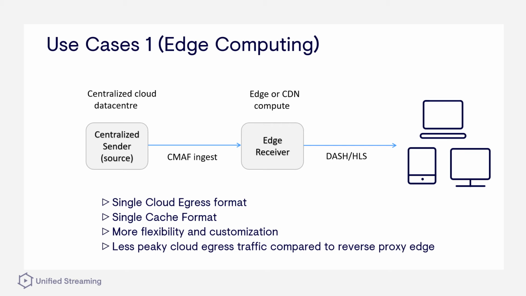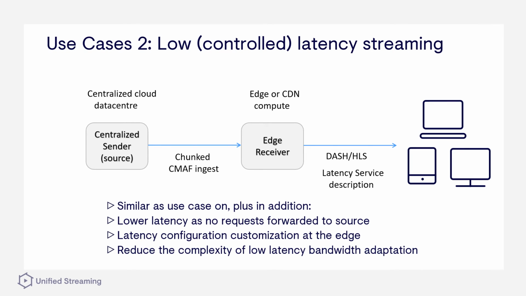And we can achieve more content customization at the edge. We implemented this by having the sender in the centralized cloud, the receiver in the edge cloud, and we use browsers as clients to emulate the use case.